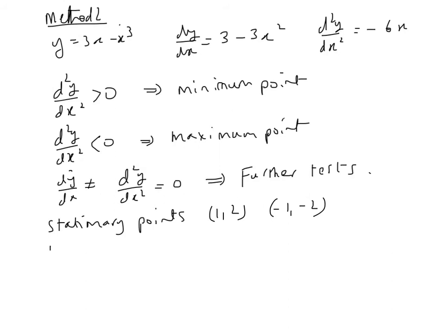So for the first one, d squared y over dx squared equals -6x. This equals -6 times 1, which equals -6. This is less than 0, and therefore this point has to be a maximum point.